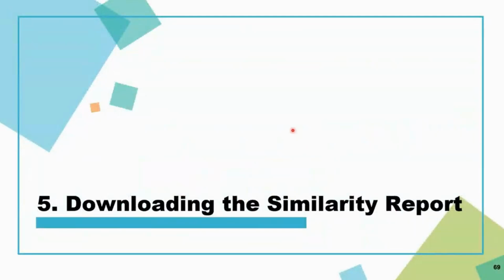After completely reading your report, you can download the report in PDF format. You may have to hand in the report to your department office or to your professor. You can find the download icon in the toolbar, which is in gray color.